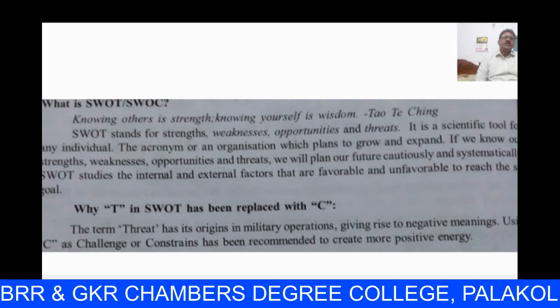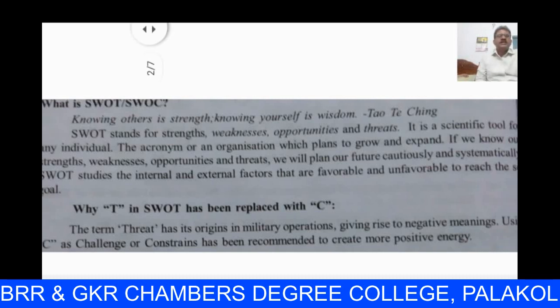Why has T in SWOT been replaced with C? The letter T is replaced with letter C: T for threats, C for challenges.